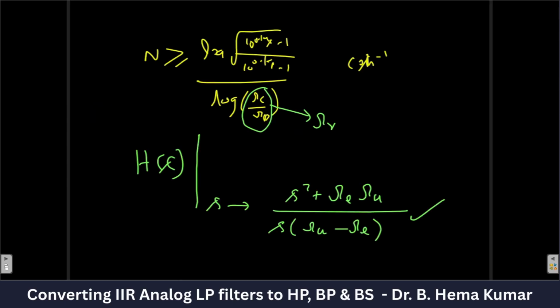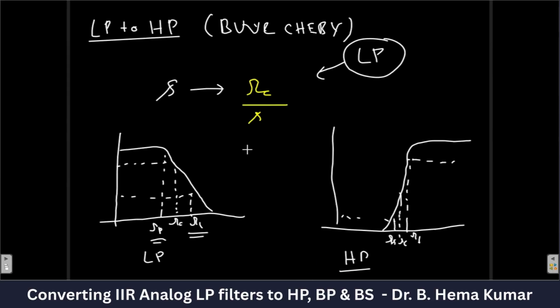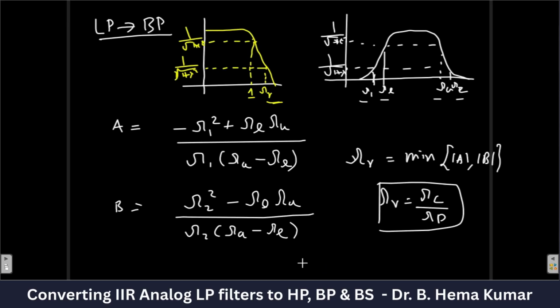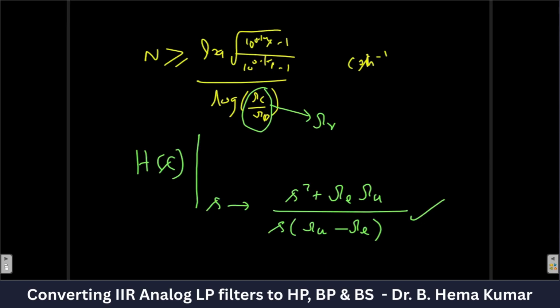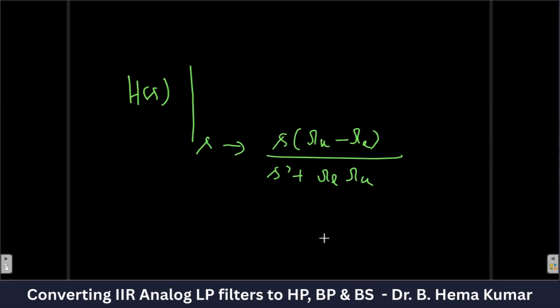These are the conversion formulas we have to follow: this is for low pass to low pass, this is for low pass to high pass, this is for low pass to band pass, and this is for low pass to band stop.